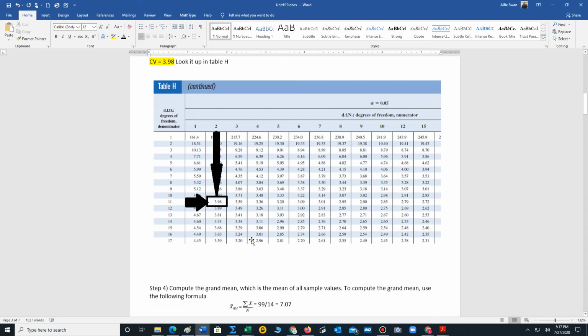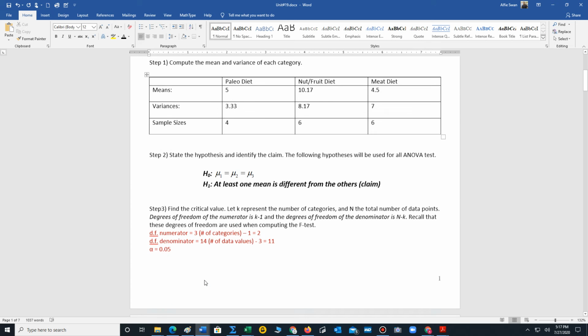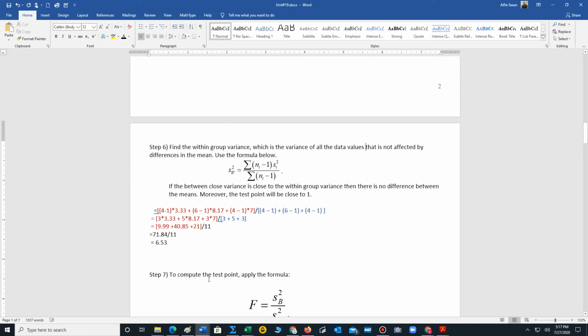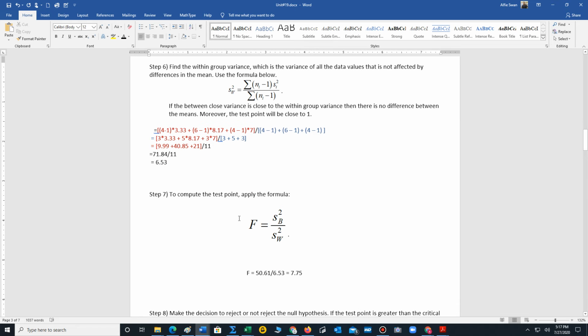Let's double check that. Yes, it's 7. So we perform our calculations, multiply, and then add. In our numerator, it's 71.84. For our denominator, we just take each sample size minus 1 and add them together. So 3 plus 5 plus 3 is 11. Divide, we get 6.53.